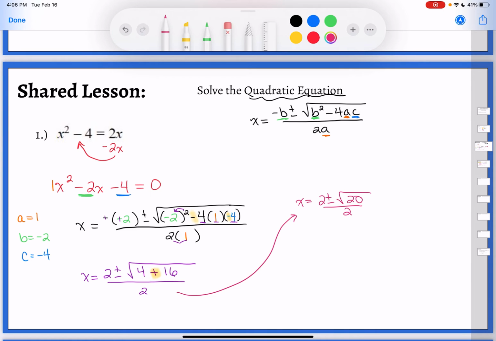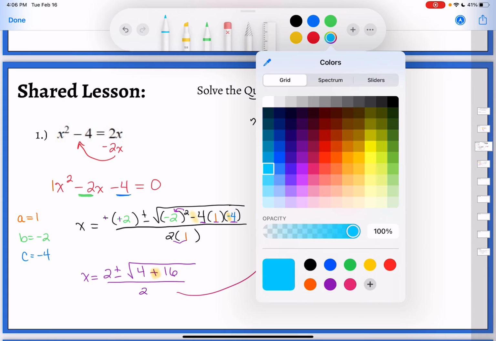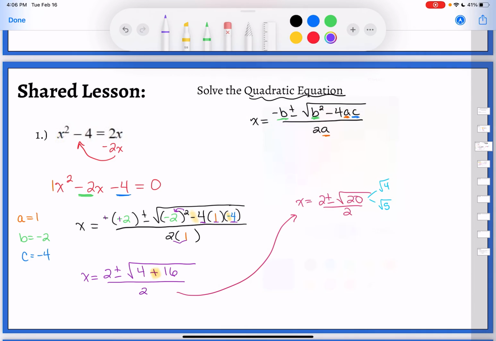All right, now I don't have a perfect square here, but we know how to simplify that radical. We've done it before. So this radical 20 breaks into the square root of 4 and the square root of 5. Square root of 4 is a perfect square, so I'll have x equals 2 plus or minus 2 radical 5 over 2.